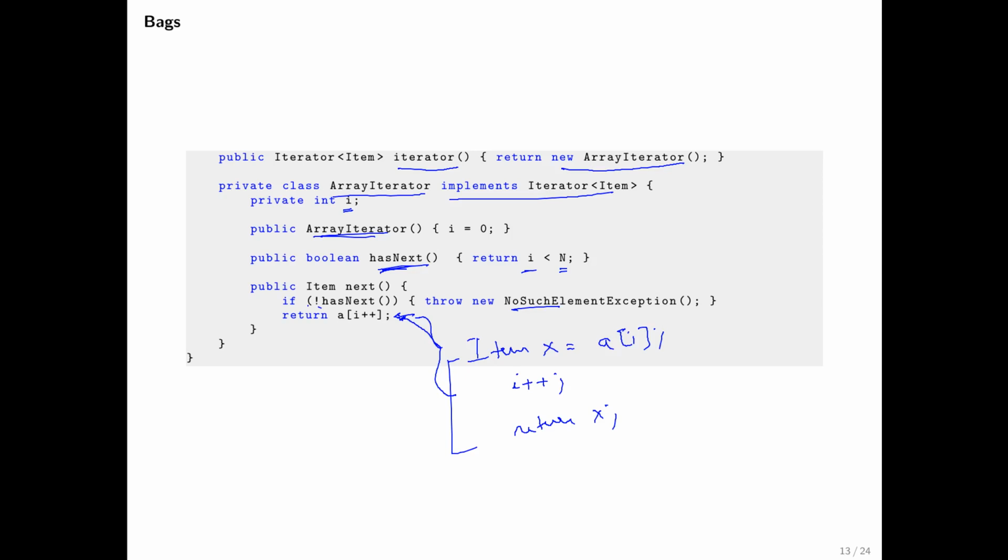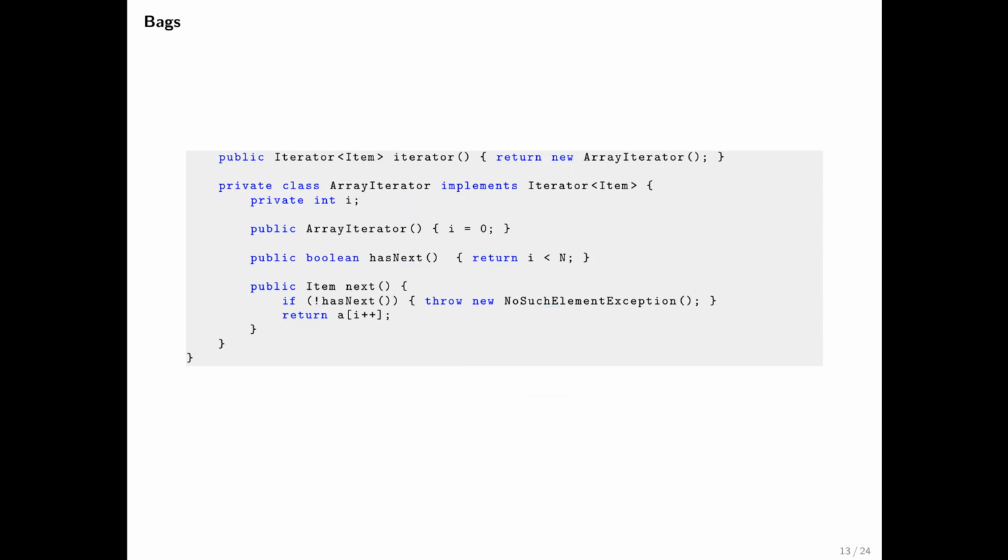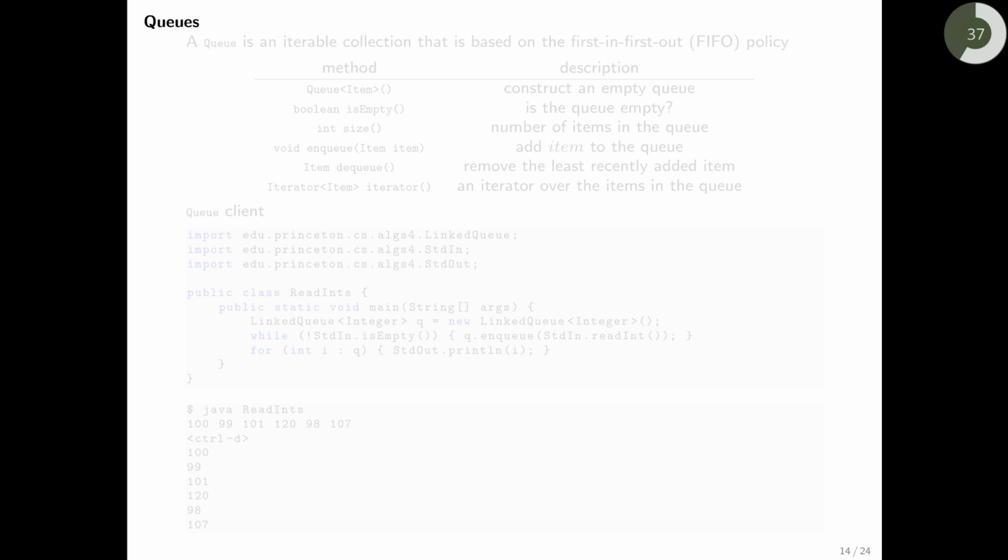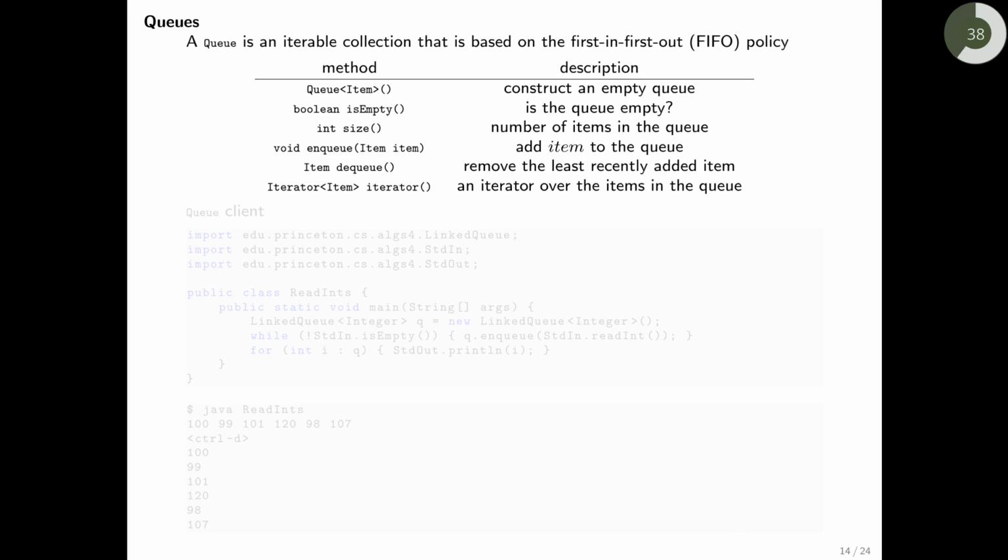So now what we're going to do is discuss our next fundamental or basic data structure, which is the queue, all right? So what is a queue? A queue is an iterable collection, and it is based on what is called the first in, first out policy. So what that means is the first item that goes into the queue is the first item that comes out.